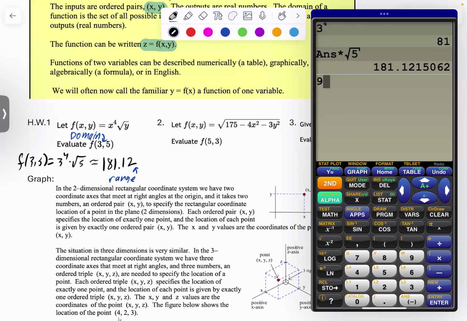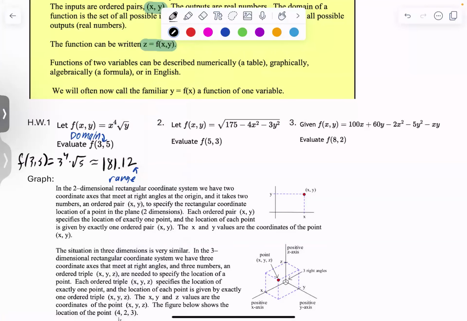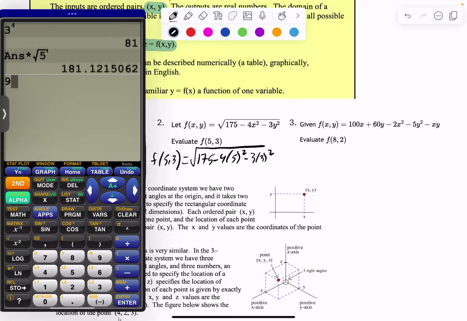And so our next one is going to be f of 5, 3. Oops. Let's draw a line there, separate that out. This is the square root of 175 minus 4 times 5 squared minus 3 times 3 squared. Let's see what we get with all of that.